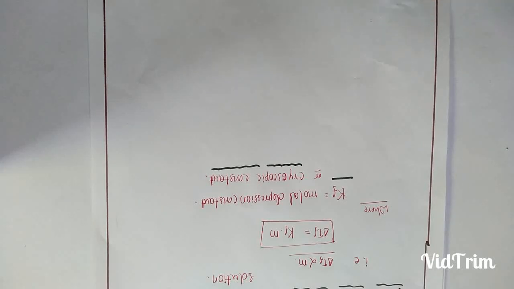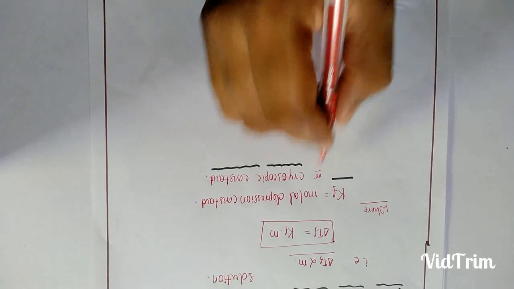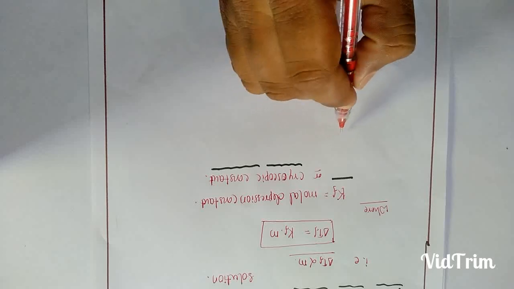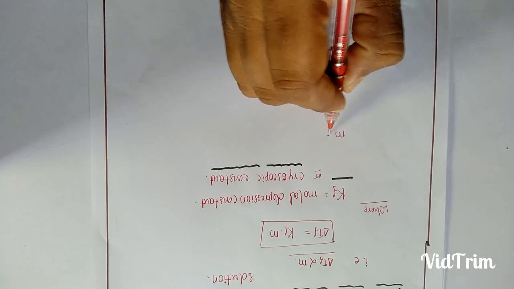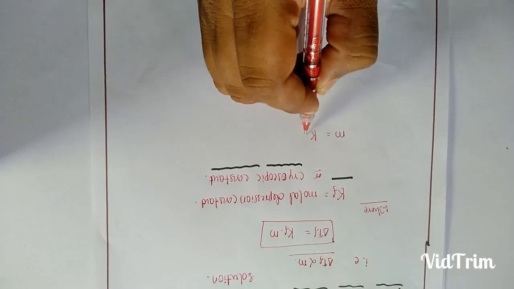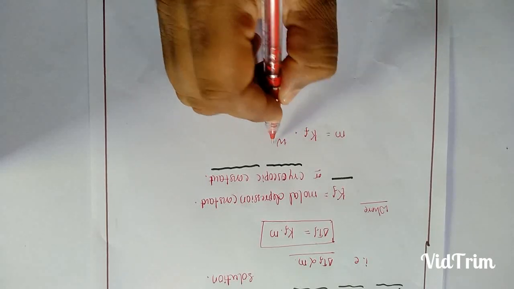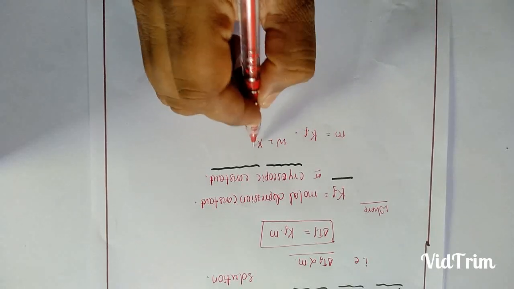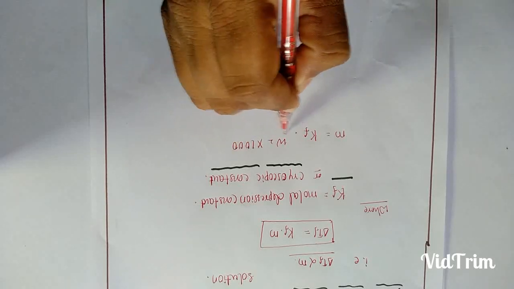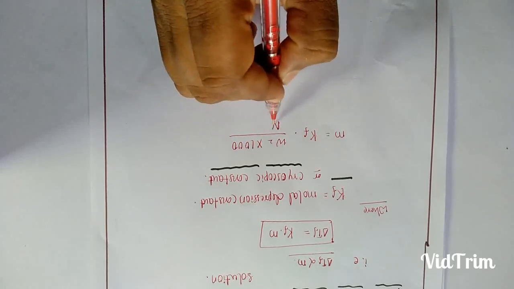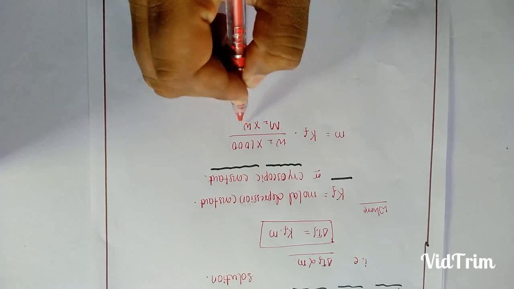So students, here m is the molar concentration, and m is equal to W2 into 1000 divided by M2 into W1.